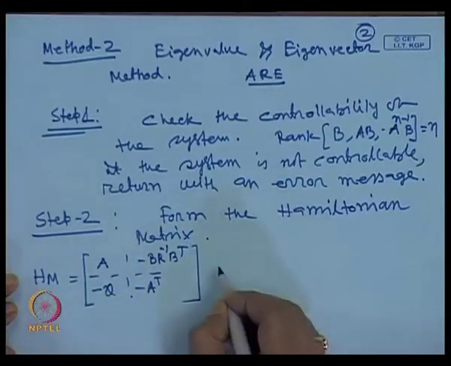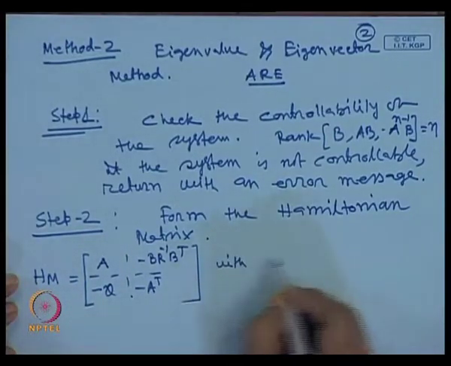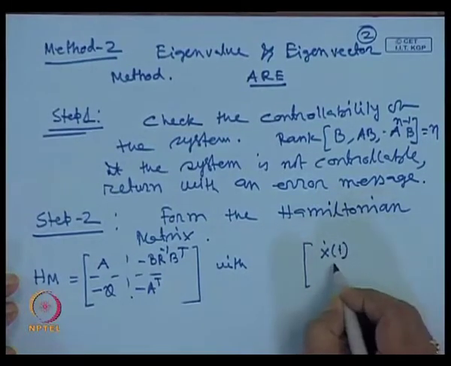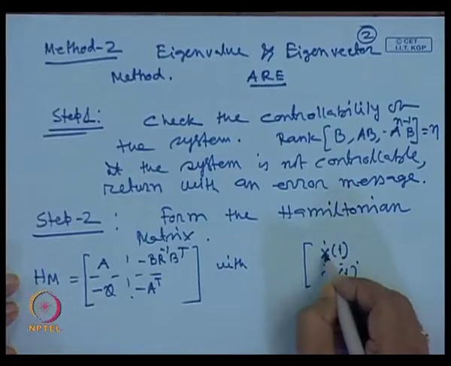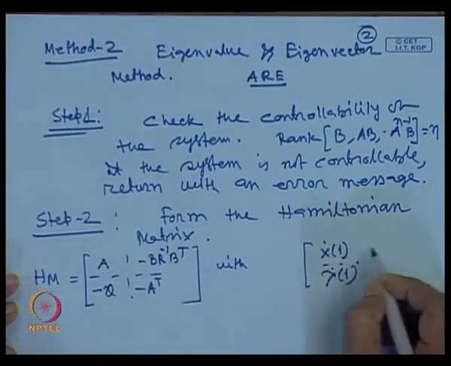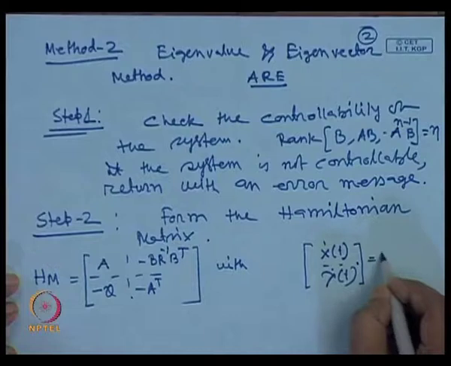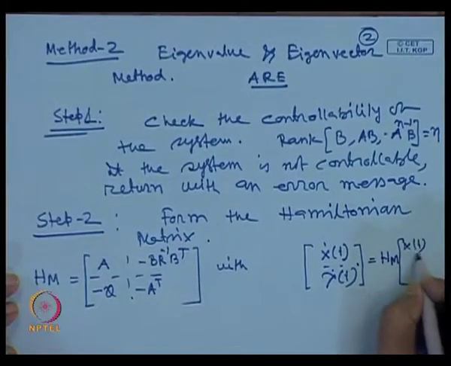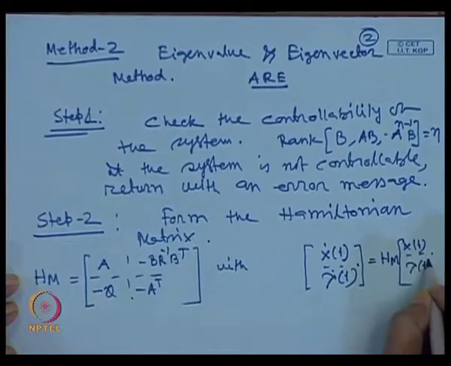And how we have formed this Hamiltonian, if you recollect: x dot of t and lambda dot of t, where lambda is the co-state vector and x is the state vector, equals the Hamiltonian matrix H times x of t and lambda of t.